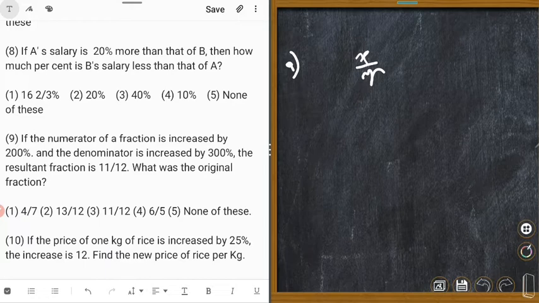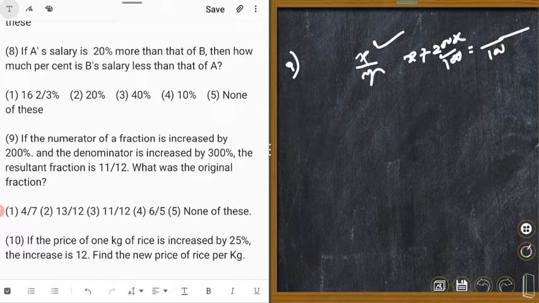How much increased? 200% increased. Which? This number, top number, that is x plus 200x upon 100 is equal to 100x plus 200x, 300x.